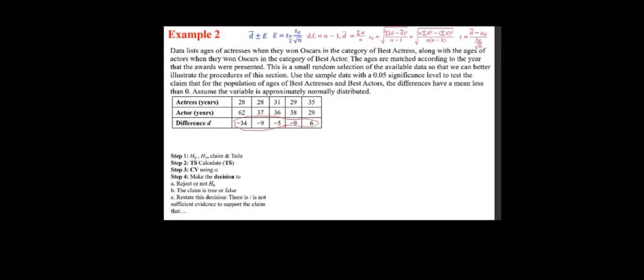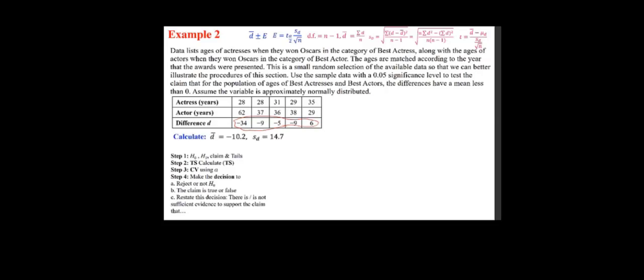We want to, at the 0.05 significance, test the claim that for the population of ages of best actresses and best actors, the differences have a mean less than 0. So first we need to find X bar or D bar, add them up, divide, and then we need to find the standard deviation, S or S sub D. By now we know we can use technology or do it by hand.